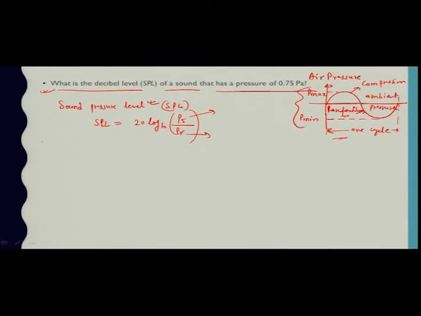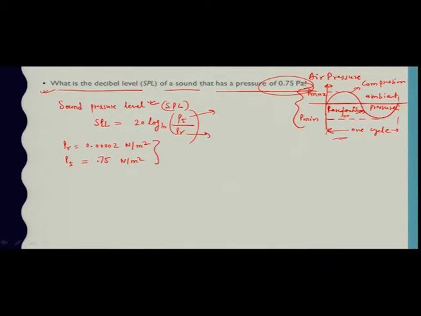The usual reference level is taken as PR equals 0.00002 Newton per meter square, and the data is given as 0.75 Pascal. So as the sound pressure from the source, we will take 0.75 Newton per meter square.